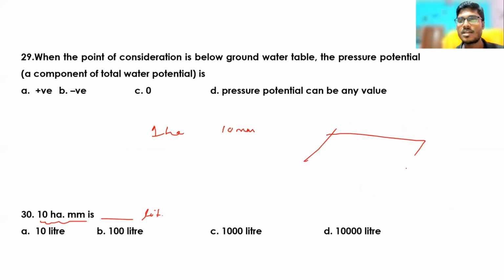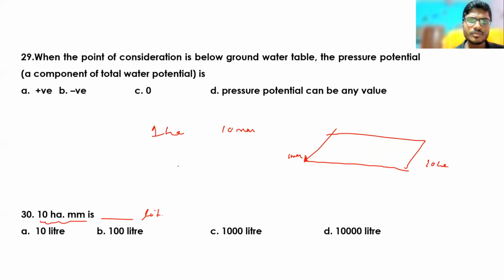Here the land is 1 hectare area and the depth of water applied is 10 millimeter. So it means that the water has covered a layer throughout the 1 hectare land area. Now we'll quantify. It is very simple.